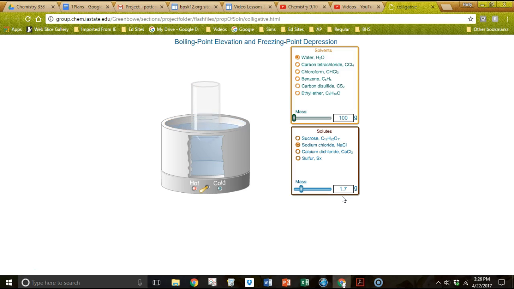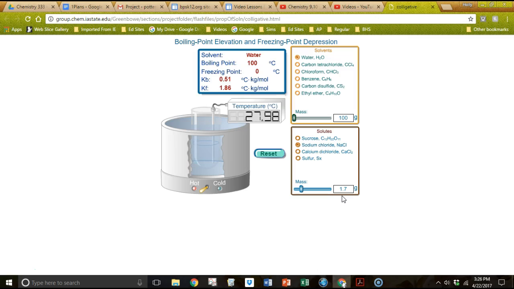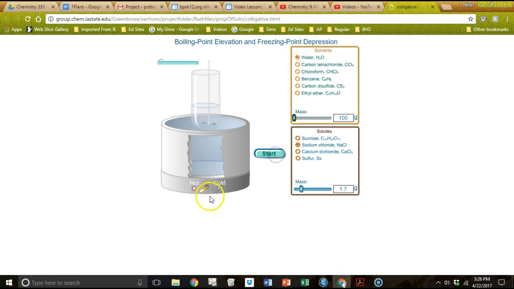So you'll notice the boiling point and freezing point of pure water is the same in every case, and so are the constants, the KB, which is the boiling point constant, and KF, the freezing point constant. So 100.29, write that down, and go to cold.